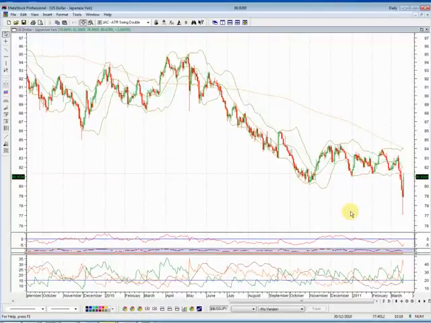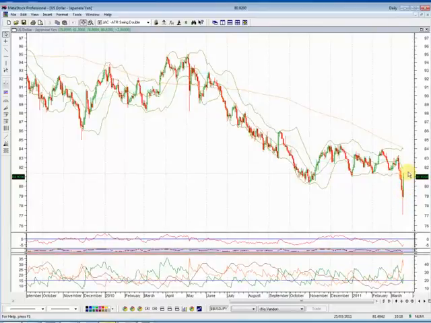That's all. So right now, in my opinion, what we see here is just a retest of a lost support level.